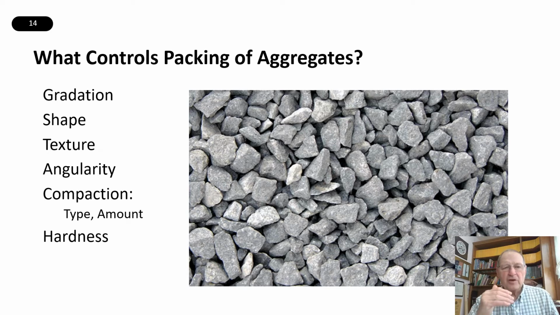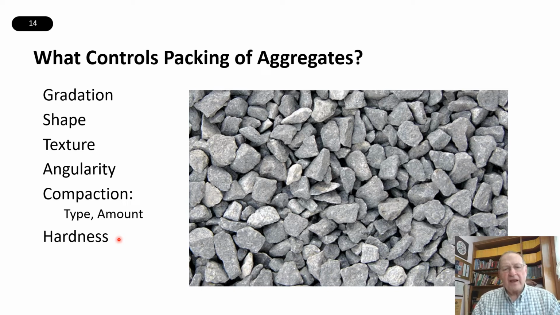So let's look at these and evaluate what options we have for controlling the packing of the aggregates in terms of doing a mix design. So the first thing to think about is the hardness of the aggregate.